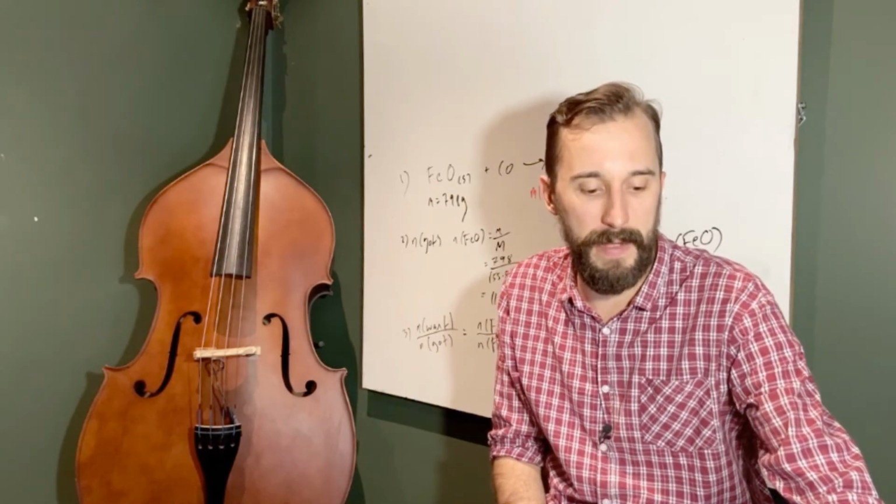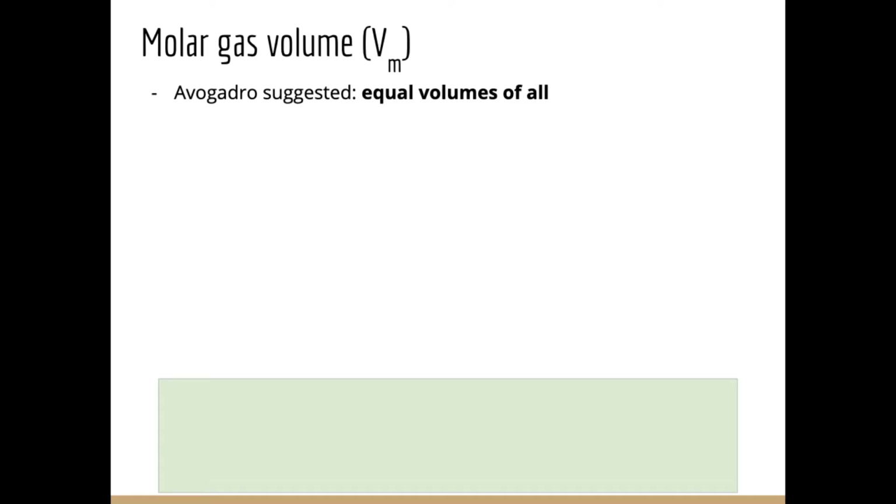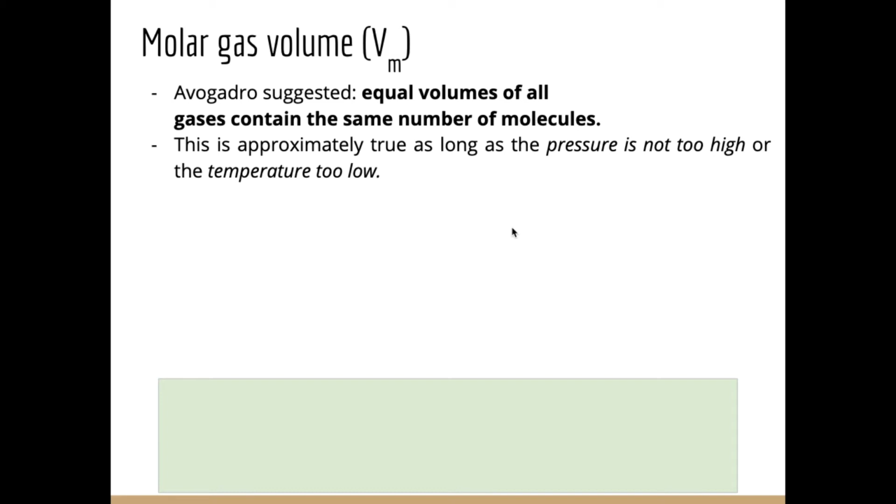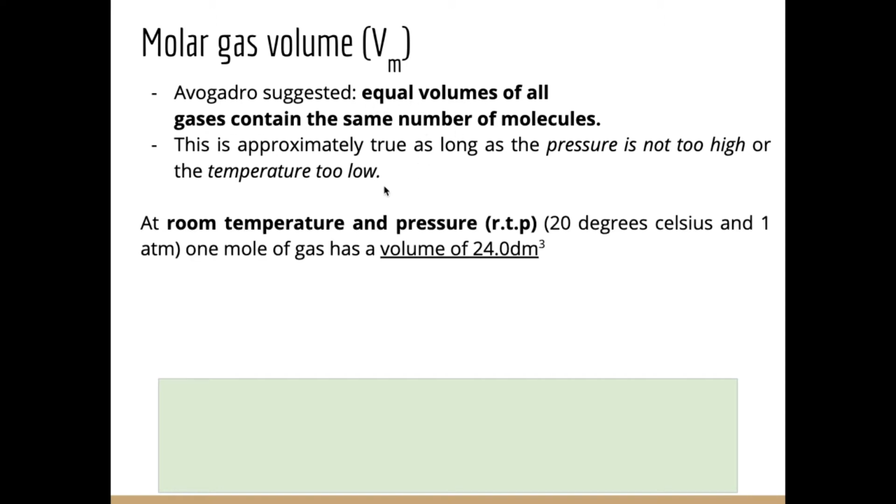So Avogadro, smart fella, he also decided that equal volumes of all gases contain the same number of molecules. That's an approximation as long as the pressure is not too high or the temperature is not too low. In these instances, they can behave a bit differently, but outside of these extremes, equal volumes of all gases contain the same number of molecules.